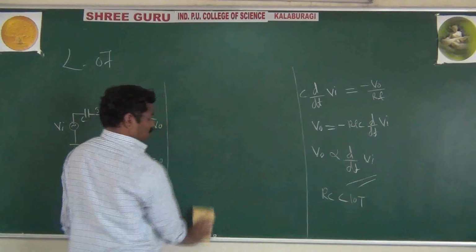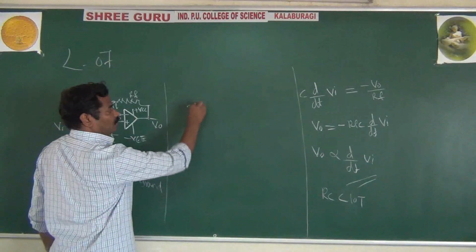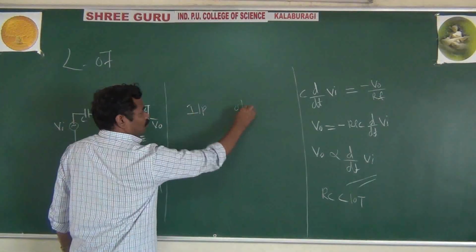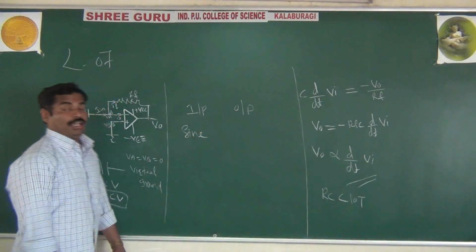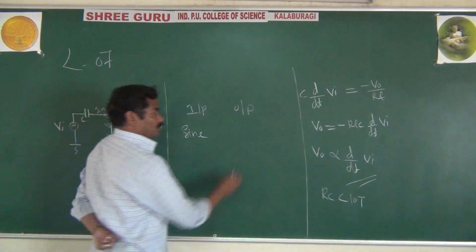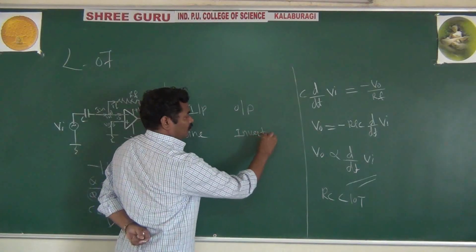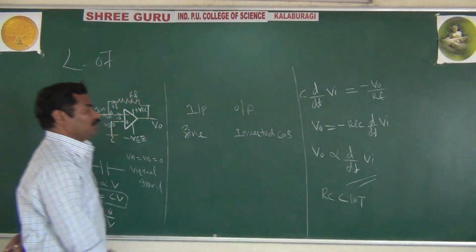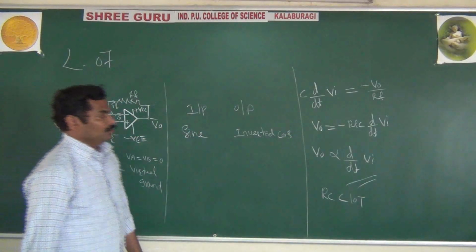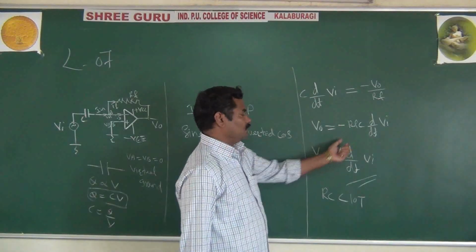It means if your input is a sine wave, you get an inverted cos. And why inverted? Because we have the minus sign here, that's why it is inverted.